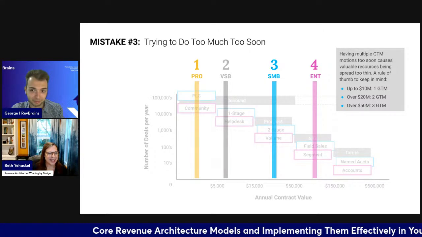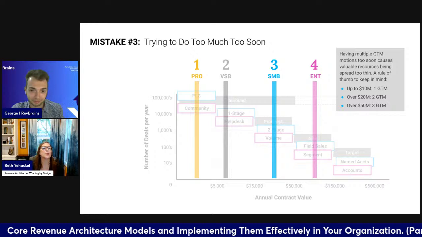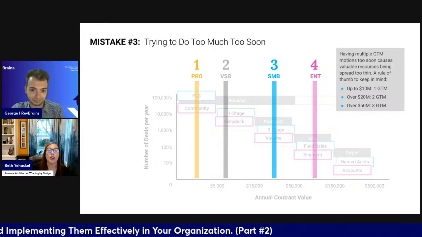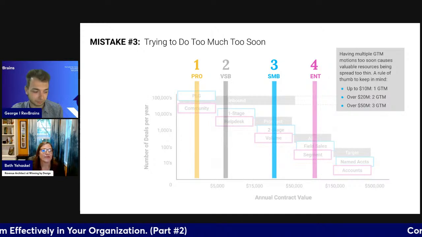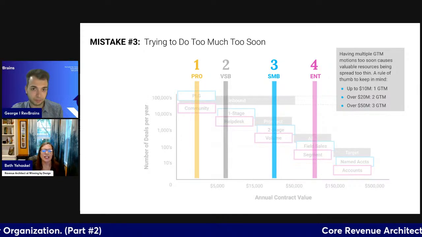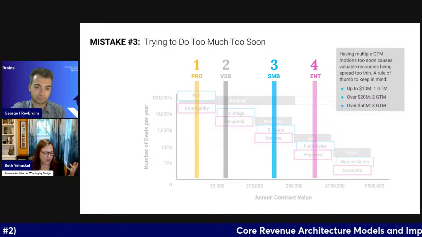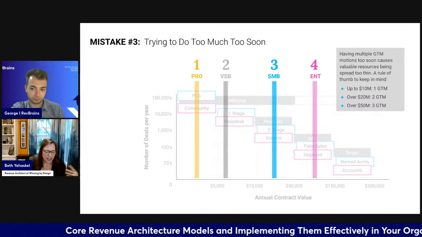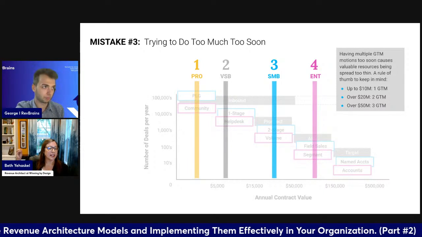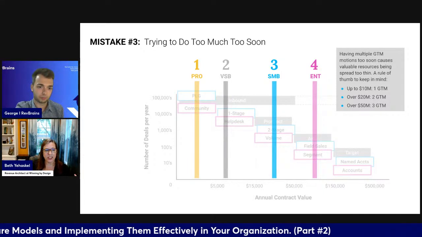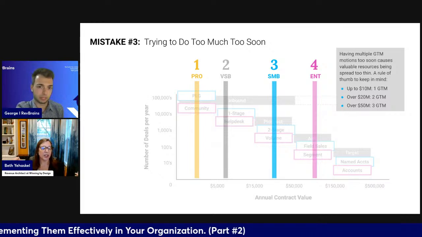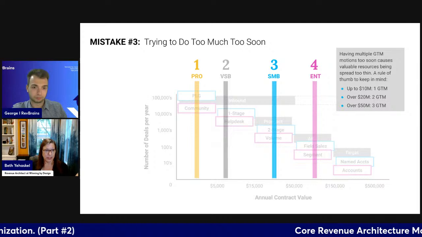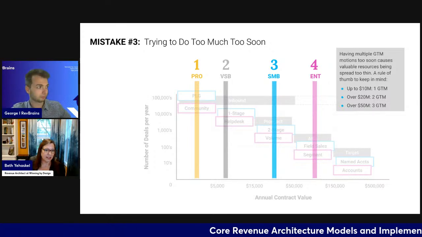So here's another common mistake that I see all the time: doing too much too soon. It can be very hard to say no to things. Let's say you're a founder and you start with a small and medium business subscription product, and it's great, you're figuring out product market fit and starting to grow, and then suddenly you're at $5 million and some client says, I will sign a $2 million contract with you if you support me as an enterprise client right now.